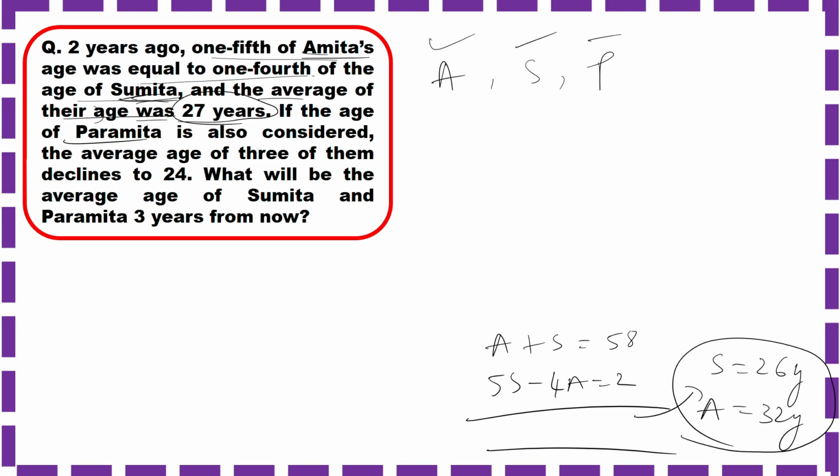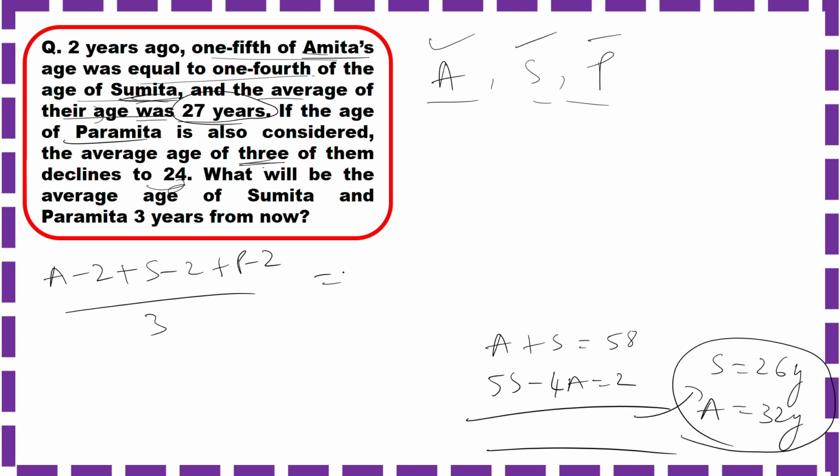Now it's also given that the average age of these three, A, S and P, Amita, Sumita and Paramita, is 24, 2 years ago it was 24 years. So here (A minus 2, because before 2 years) plus (S minus 2) plus (P minus 2), by, we are taking the average, so by 3.